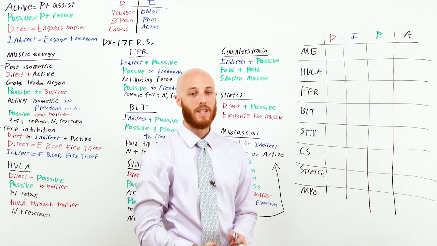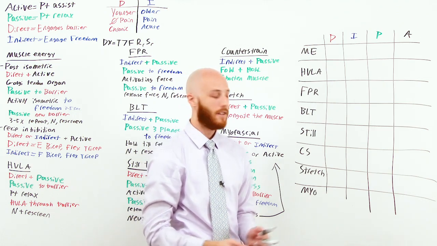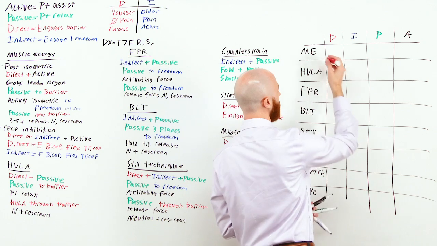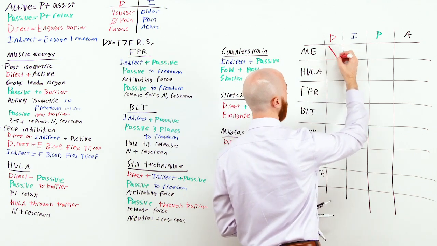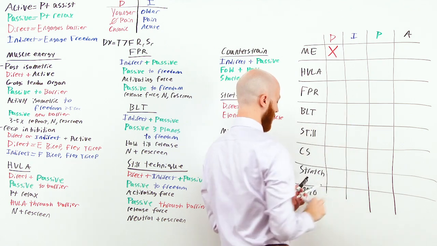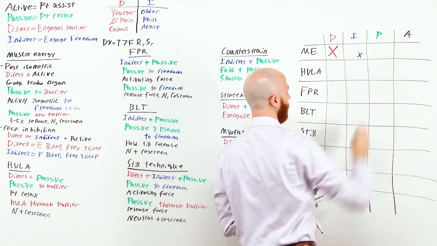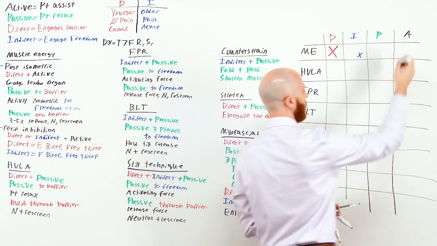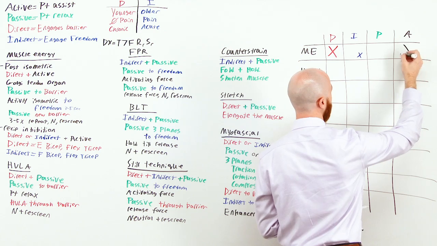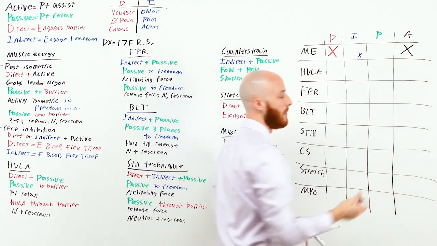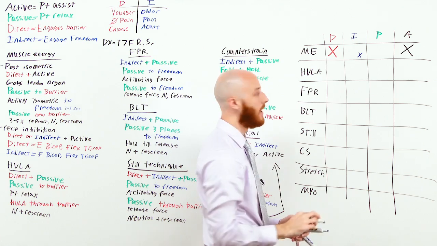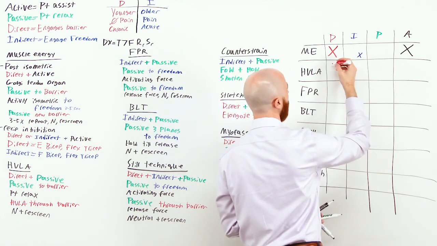So what about muscle energy? Direct, indirect, active, or passive? When you think muscle energy, think of it being direct, but also know that occasionally it can be indirect. This is an active treatment because the patient is actively helping you. He's doing some sort of muscle contraction. When you think of HVLA, it's direct.